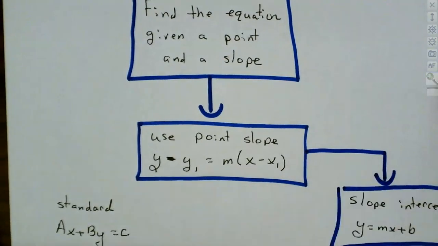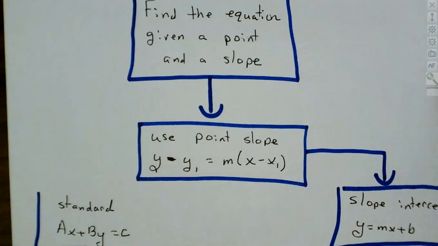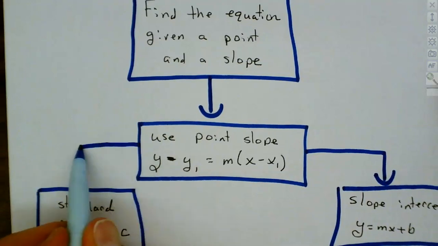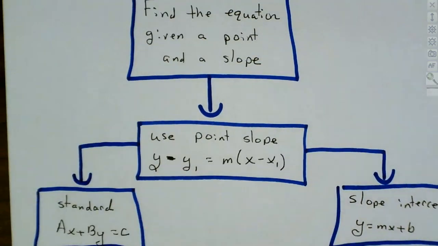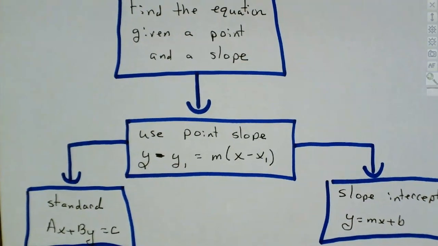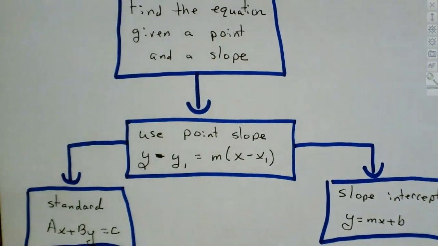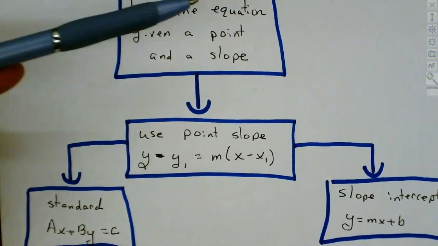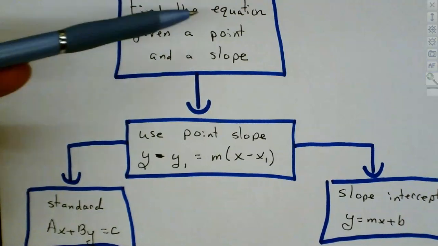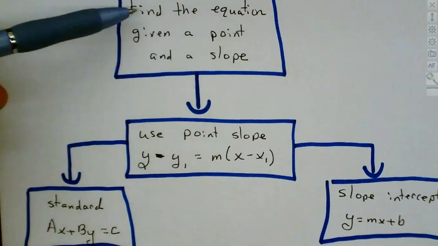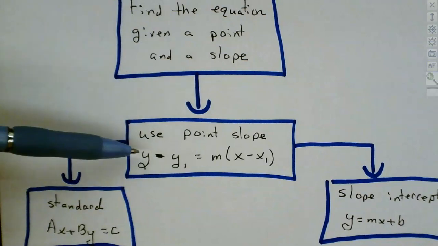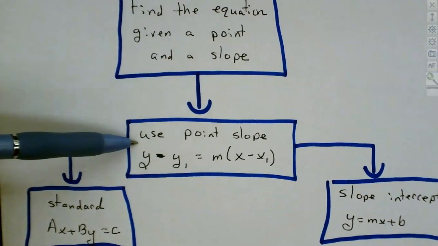And this is the absolute easiest way to do these. I know you've seen these in other classes before, but this is the easiest way to do them. So this is a flow chart, and a flow chart is basically a recipe. We just follow the directions. If we have a point and a slope, then we can use our point slope formula.